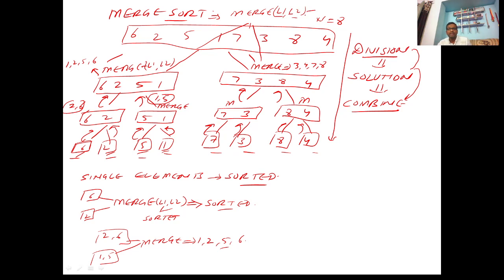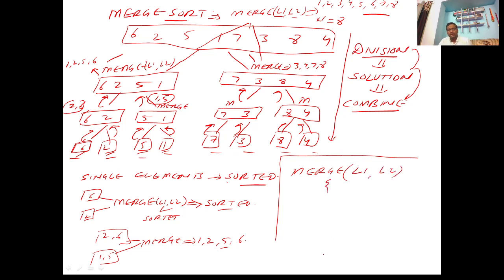So merge will return a single list which will be 1, 2, 3, 4, 5, 6, 7, and 8. So this is the overall functioning of merge sort. Now, in the last class we discussed our merge algorithm. The merge algorithm had two lists L1 and L2, and it generated a single sorted list.